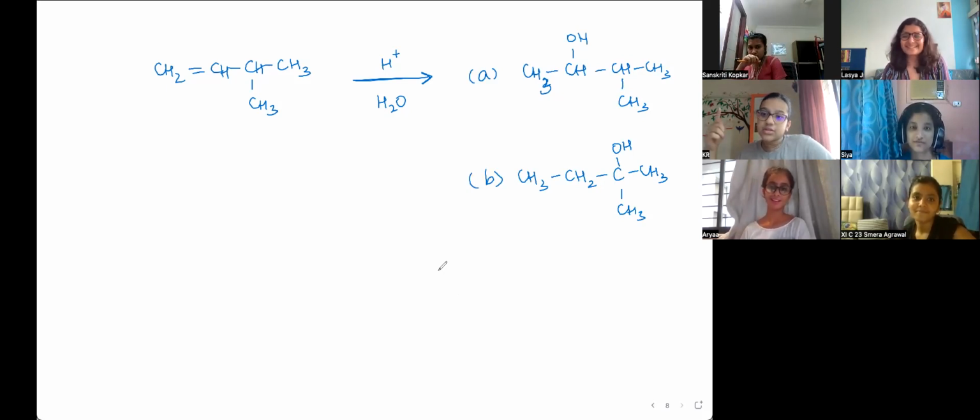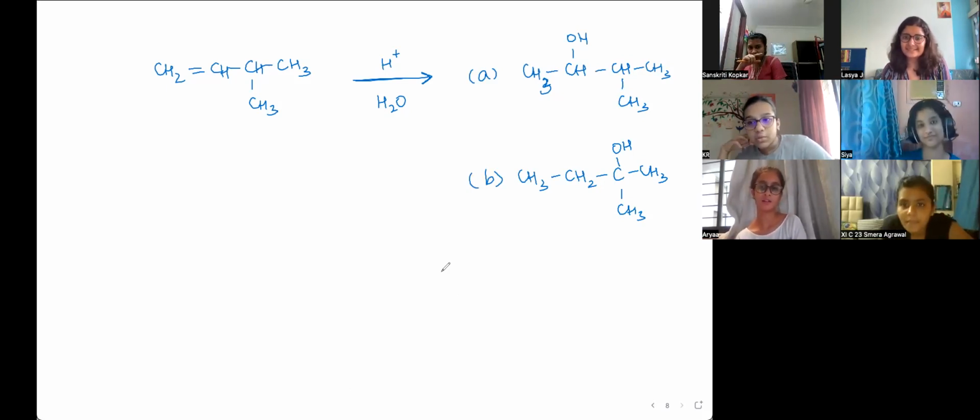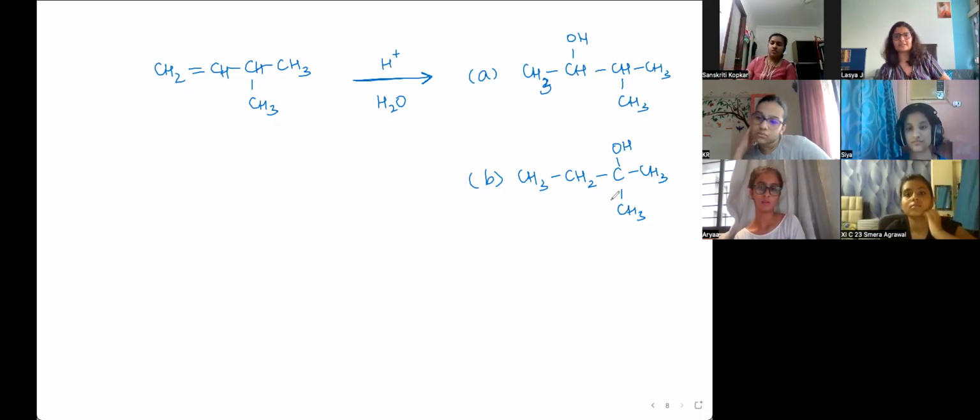Yes. The first one and the second one are tautomers. Not exactly. Tautomerization will not take place, they're not constantly switching between those two, either this or this. Both of these are isomers, yes. Position isomers because they differ in the position of OH.